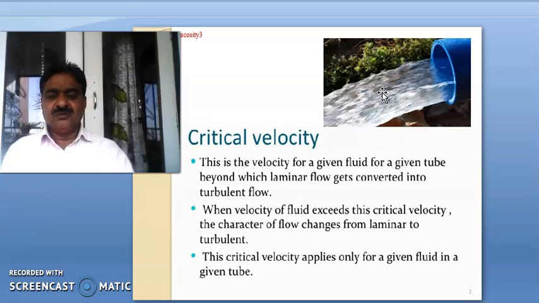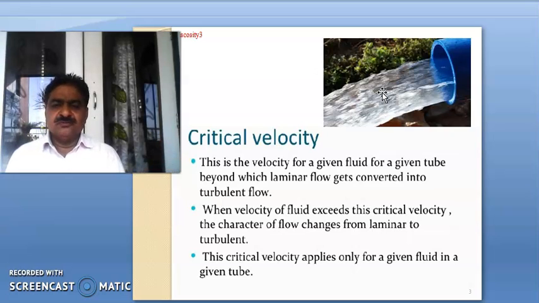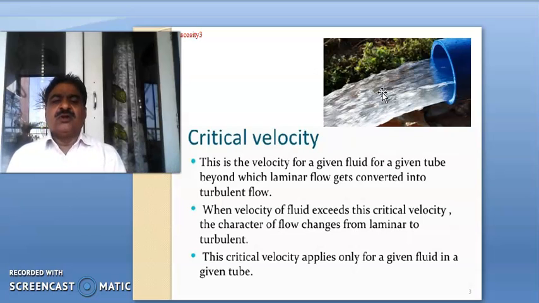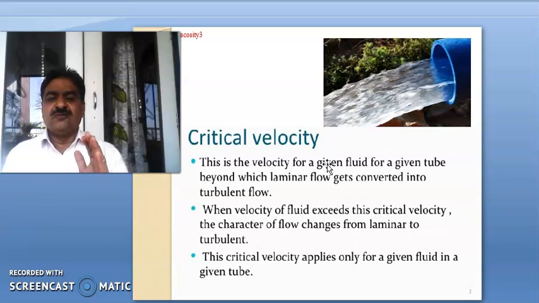And when the speed or velocity of the water is increased by moving a cork, then what happens? This is the velocity for a given fluid for a given tube. Critical velocity, remember, is the velocity for a given fluid for a given tube beyond which laminar flow gets converted into turbulent flow.